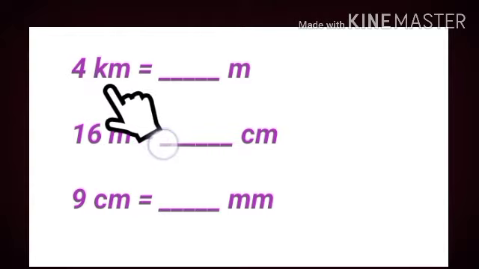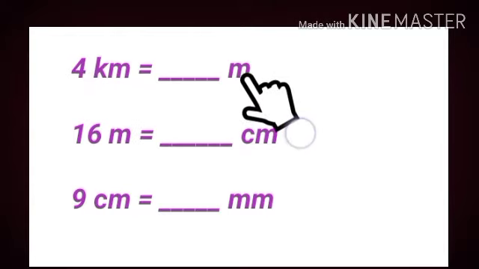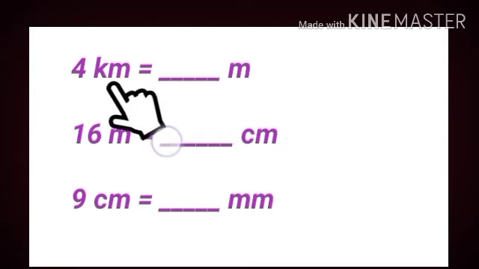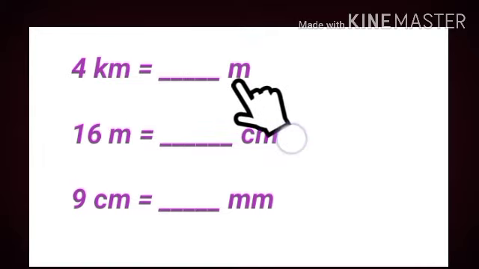You can compare the units kilometer and meter. Which is the biggest unit and which is the smallest unit? Yes, the question is in the biggest unit, like the full chalk piece. Now we want to give it in small pieces, that is a smaller unit, isn't it?